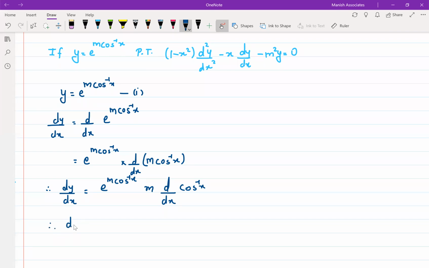So therefore, your dy by dx will be equal to m e raised to m cos inverse of x into -1 upon root of 1 minus x square. Clear? Everybody? Now, this step is a very, very important step.